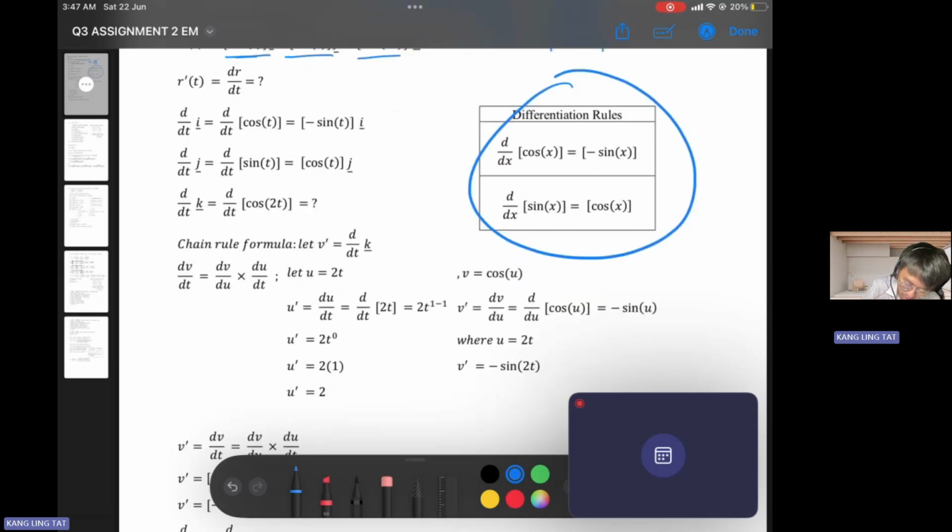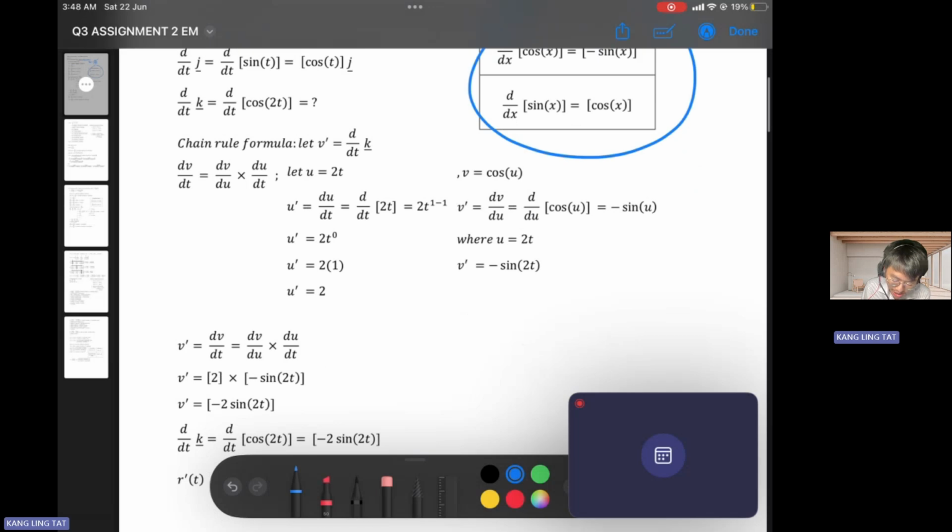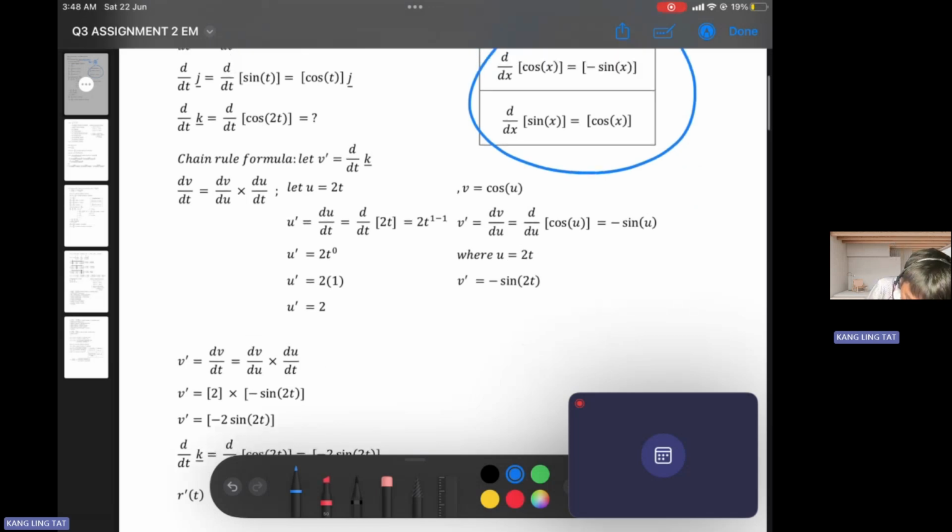So that is easy because we just need to change the terms from x to t. Now let's look at the derivative of the coefficient in k. In this case, because it's going to be cos 2t, it's not going to be cos x or cos t or cos a.